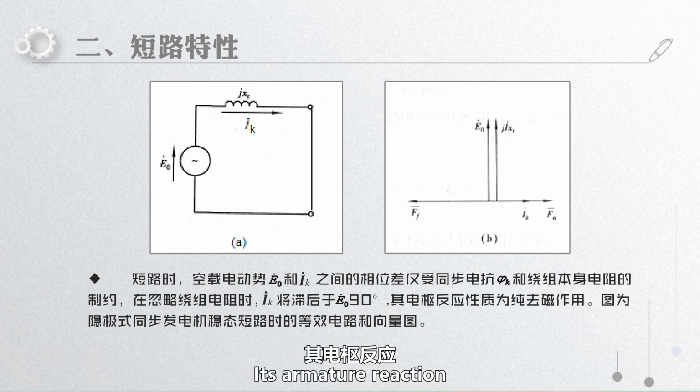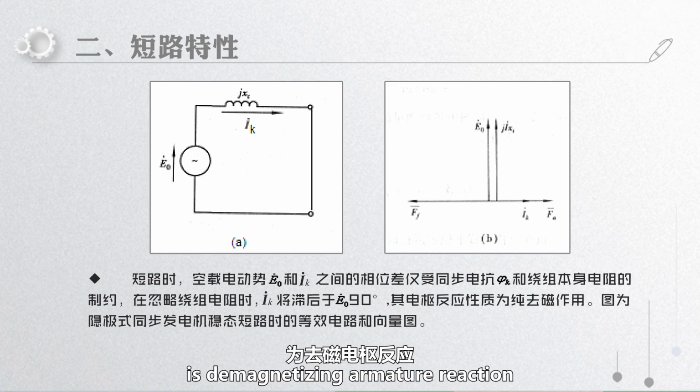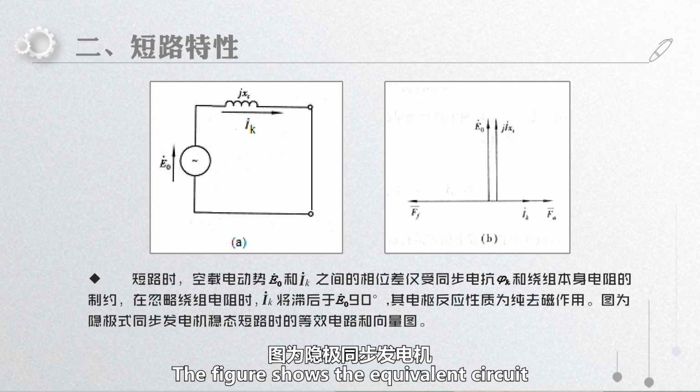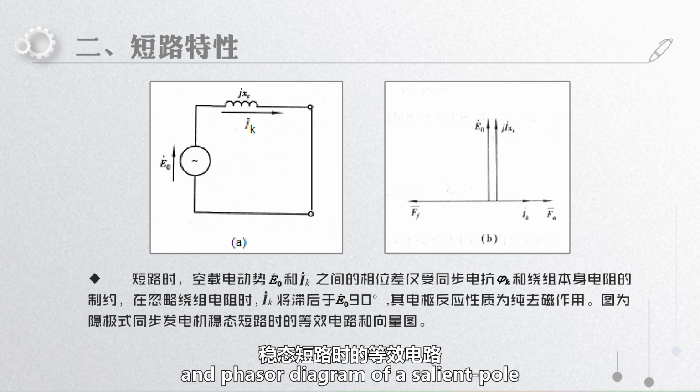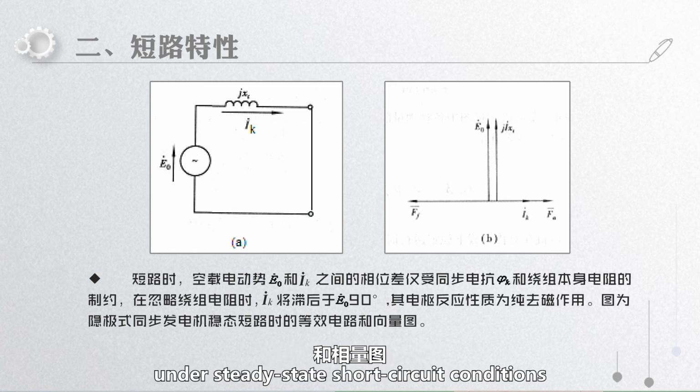Its armature reaction is demagnetizing armature reaction. The figure shows the equivalent circuit and phasor diagram of a salient pole synchronous generator under steady-state short-circuit conditions.